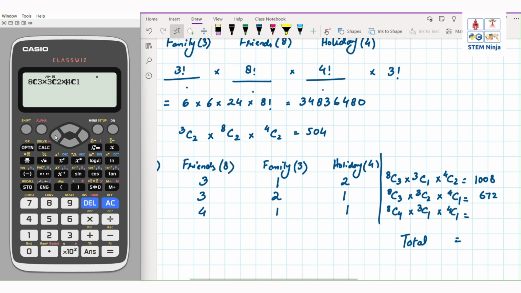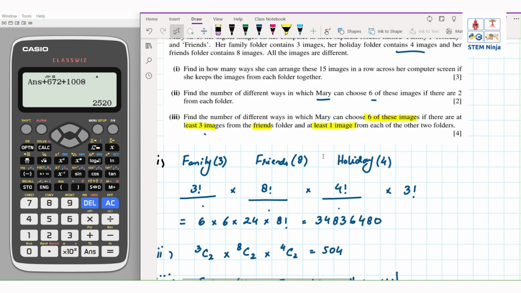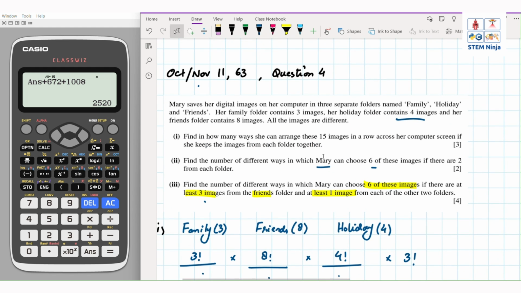And 8C4, 3C1, and 4C1, 840. So now we just want to add up these. 672 plus 1008 plus 840, 2520. And that concludes this question also.